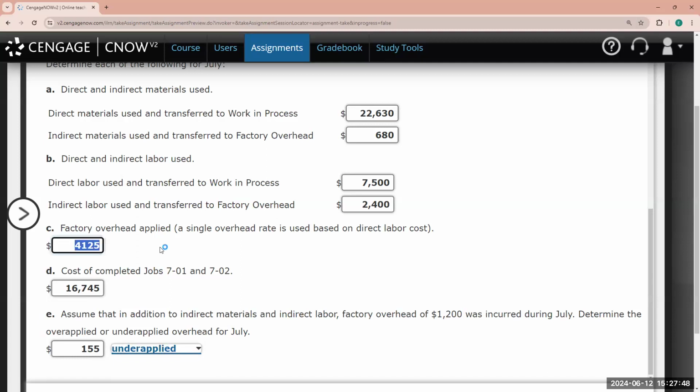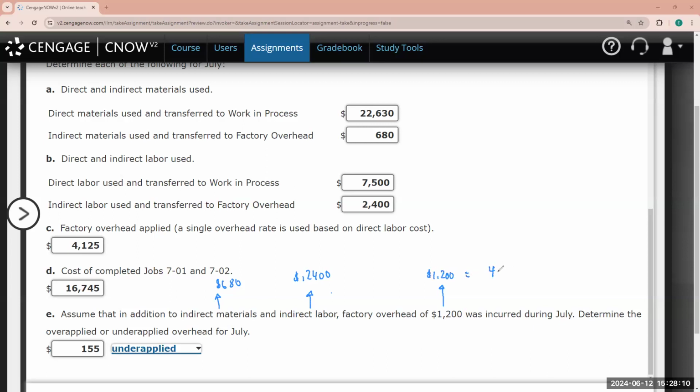We estimated we would spend 4,125 when in fact we spent 680 for indirect materials, 2,400 for indirect labor, and 1,200 for factory overhead.